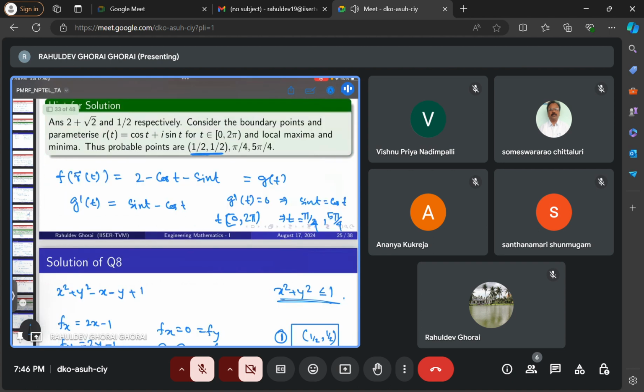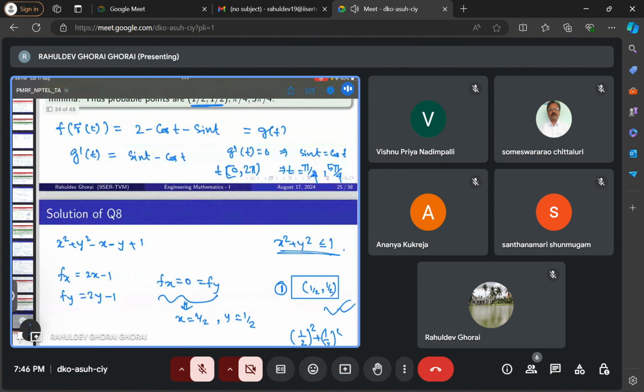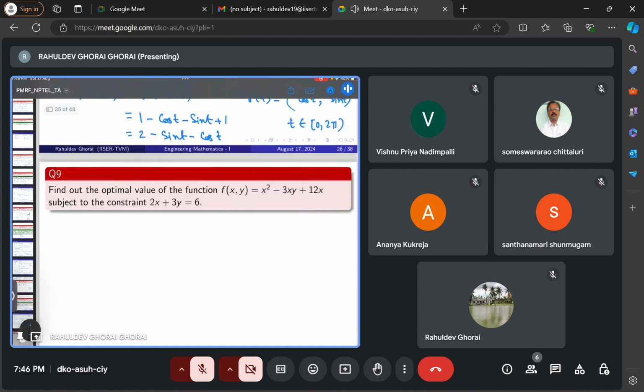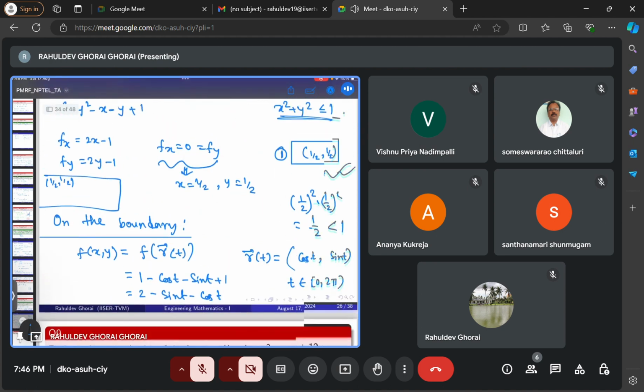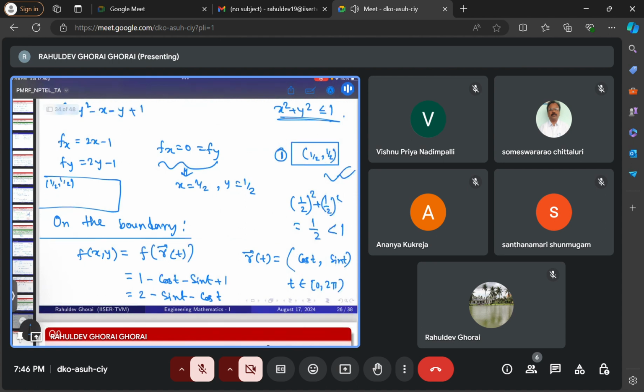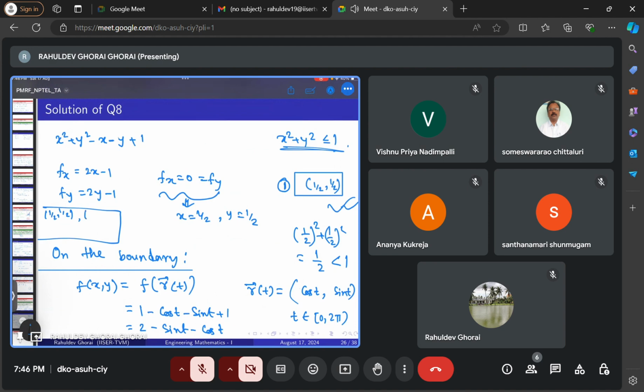So what are the points you got? 1 by 2, 1 by 2, and so what are the points you got here? Let's write it here. For t equal to pi by 4, it will be 1 by root 2, 1 by root 2, because the point will be cos t, sin t.